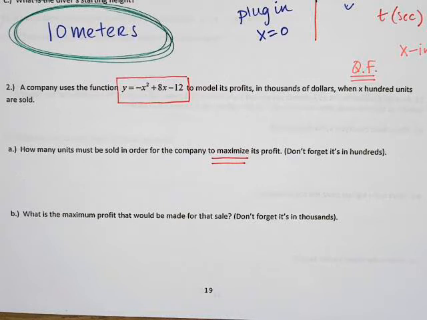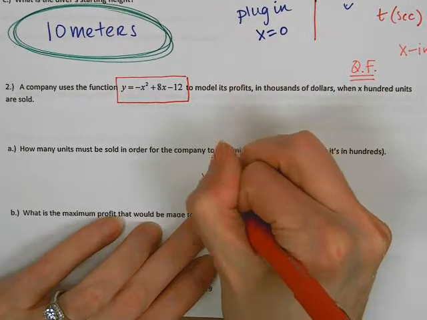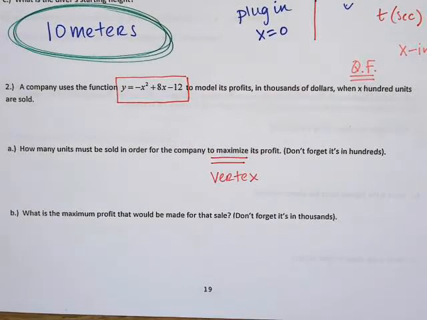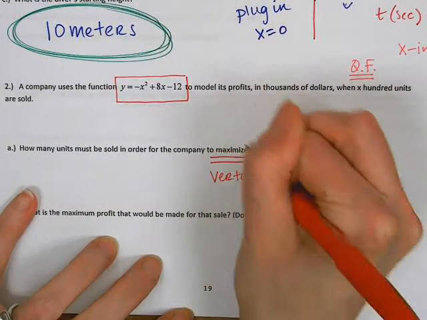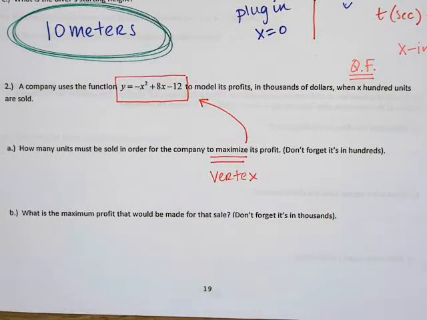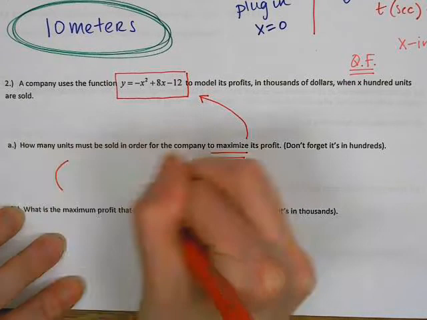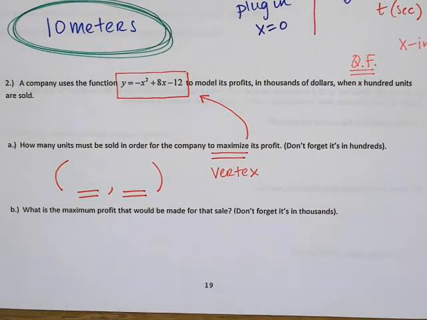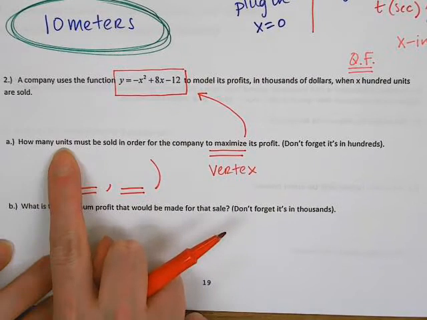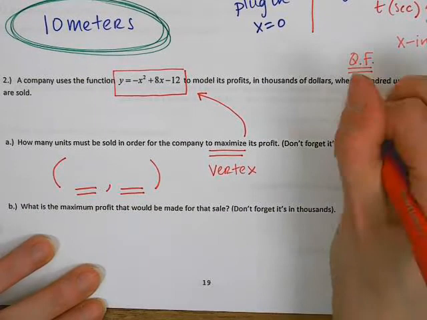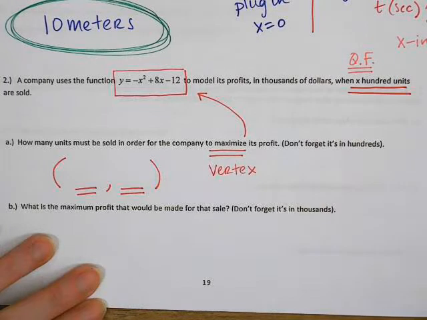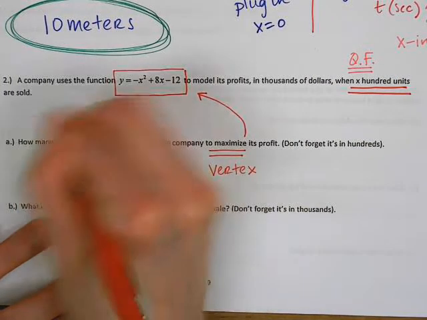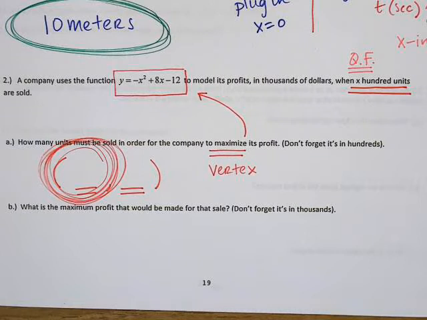What vocab word do we use when it says max? I hope you guys are thinking vertex. I won't do it, but for this one, you're finding the vertex. Now, do we want the first number or the second number? How many units must be sold? Units is the x. So you would only want this number if you were to find the vertex.